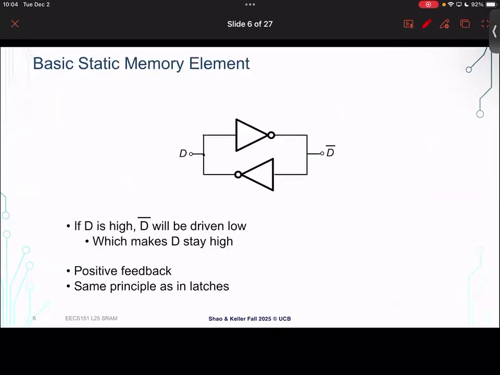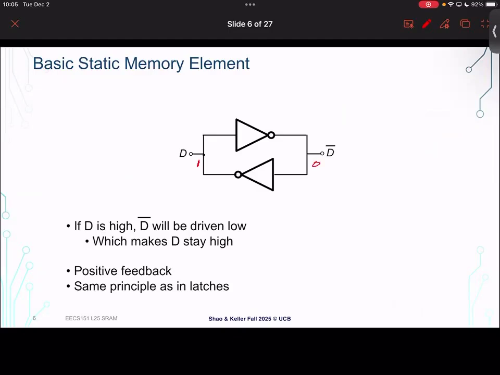All right, let's build a bit cell. This is a very basic static memory element. It has 2 inverters. Recall from last time we spoke that in this cross-coupled inverter pair, if D is 1, then it gets inverted. And so D bar is 0. And then that gets inverted.